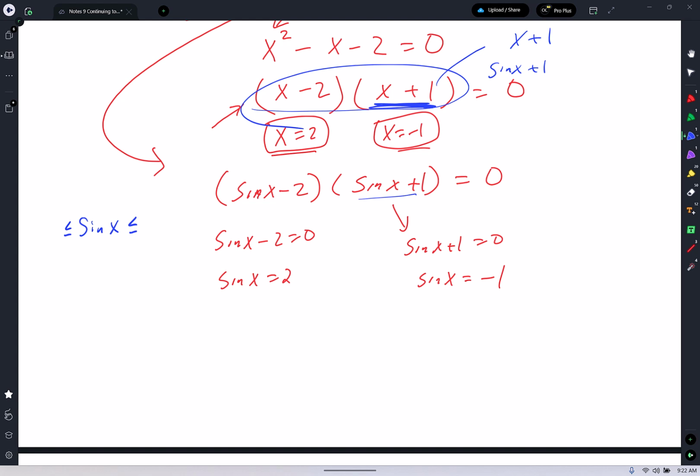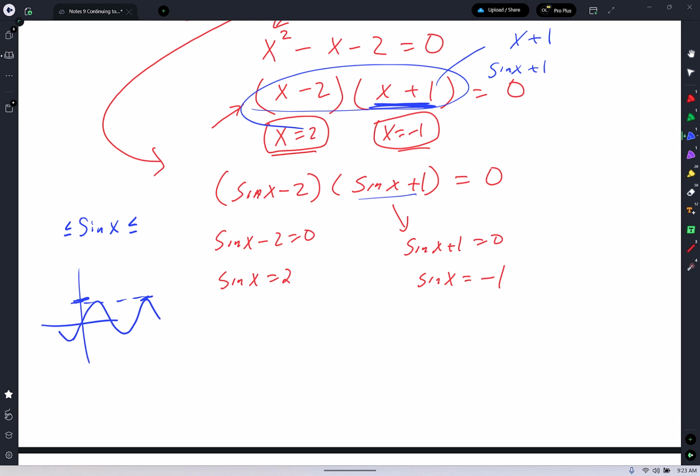All right, a side note. Remember, sine x, depending on the context, if you're in a unit circle or a right triangle, or if you're looking at the graph, there are so many ways to look at it. The biggest sine x can be is what? What's the biggest value? What's this value up here, the y value?